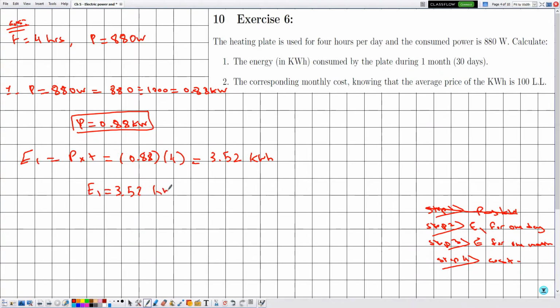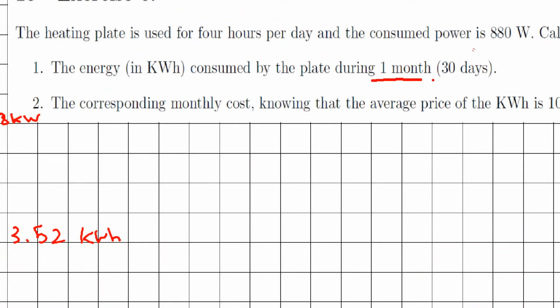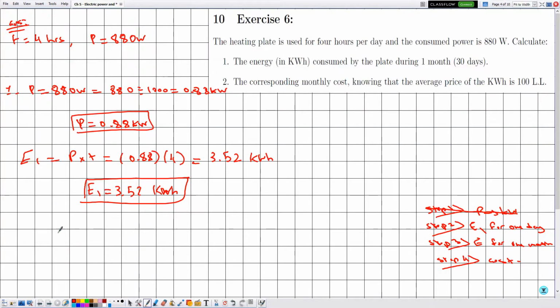However, we are interested in determining the electric energy in kilowatt hour consumed per 1 month, which consists of 30 days and not for 1 day. So simply E is equal to E1 times the number of days, which is equal to 3.52 multiplied by 30.